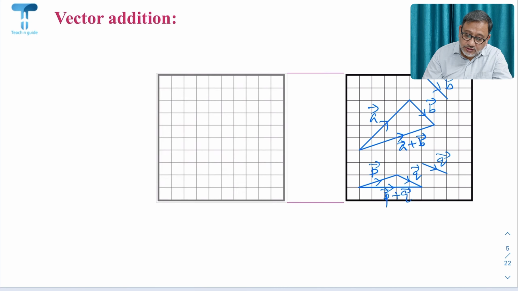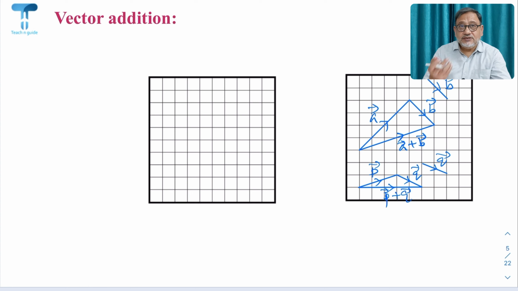Look here, it is not that there should be only two vectors. I can have multiple vectors. Suppose vector P is this, or I will call them A. Vector A is this, vector B is this.